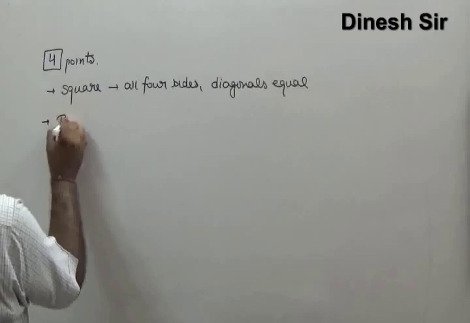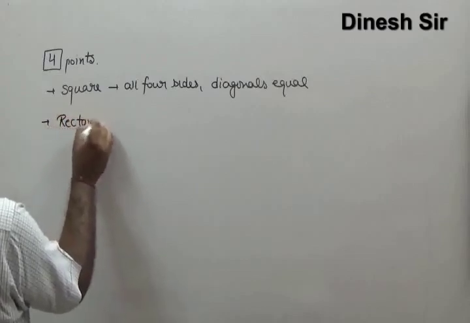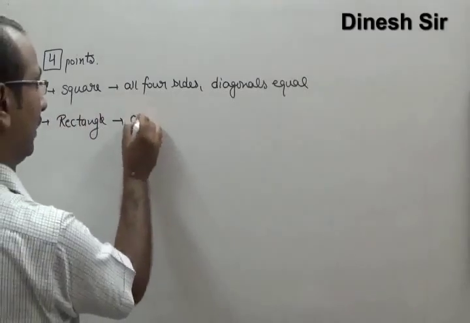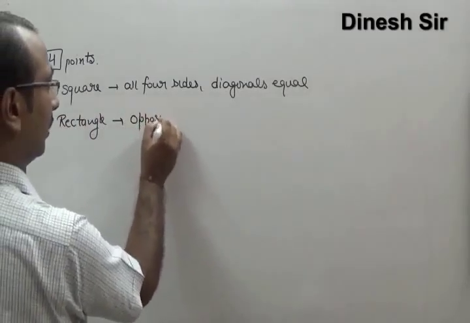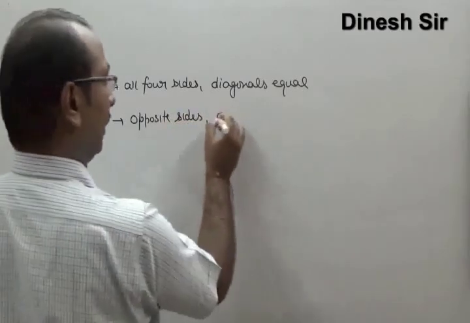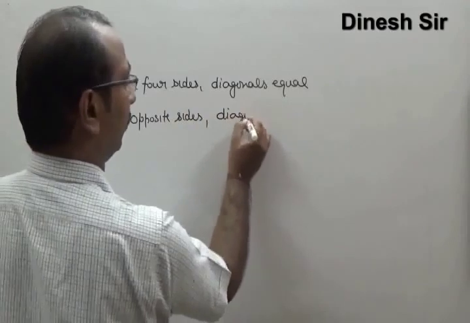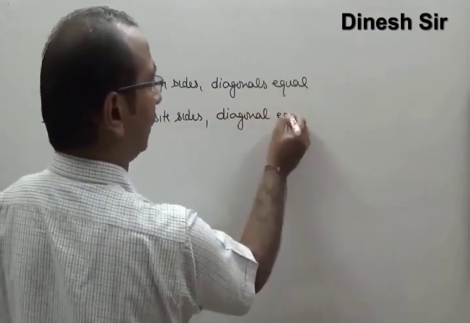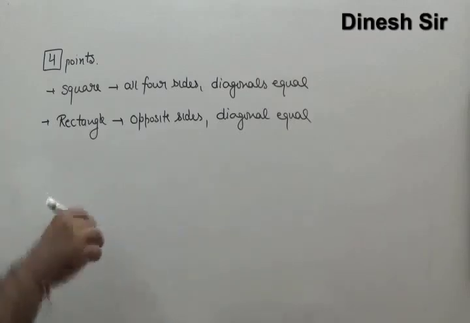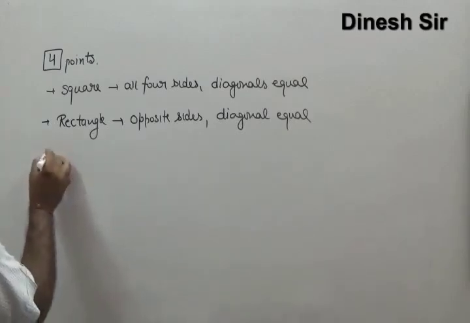Second, if you want to prove your figure to be a rectangle, you may say that opposite sides are equal, and the second thing is that the diagonals are also equal, because if diagonals are equal, that simply means this figure is a rectangle. Opposite sides are equal, but all sides are not equal.